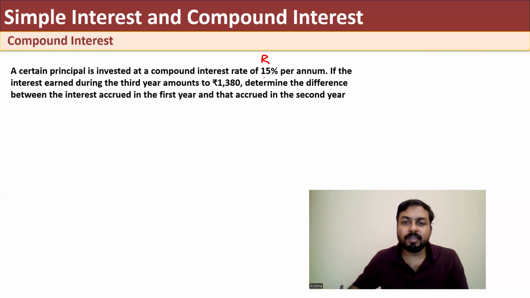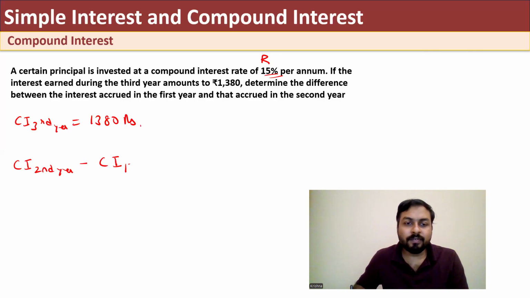So he has given the rate of interest, 15%, and says that the interest earned during the third year is 1380 rupees. And what he wants you to find is the difference between the interest accrued in the second year and the first year.